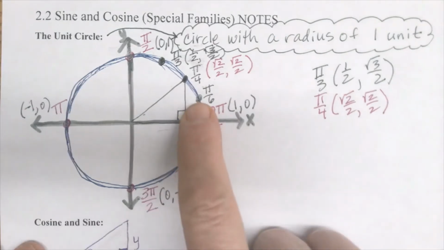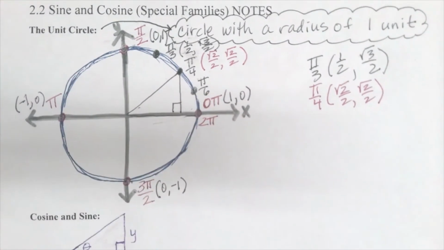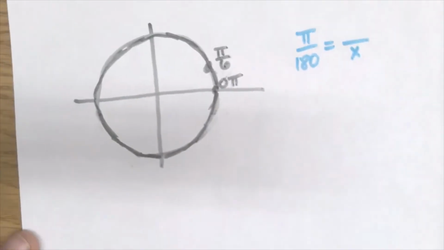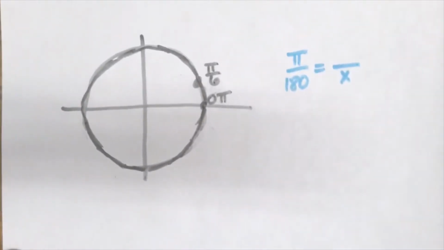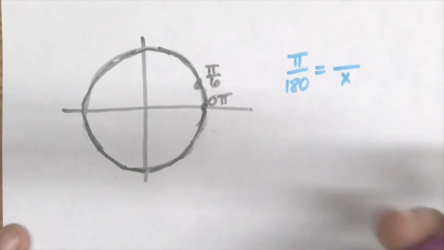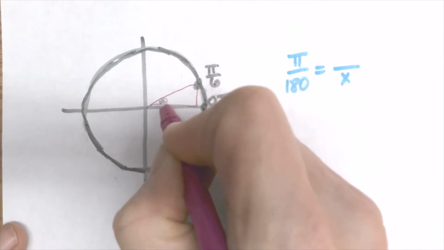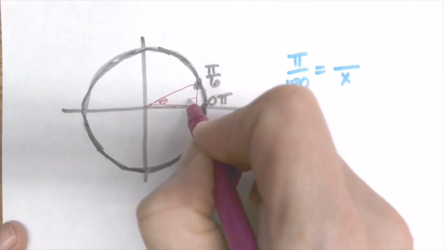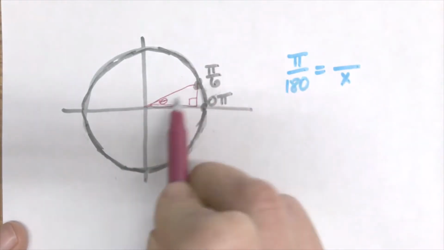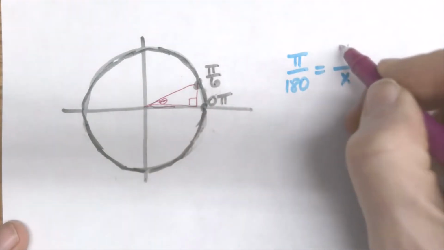Now I want to do the same thing with the pi over 6. So I'm going to go back here and make my triangle again. Here's the angle I'm interested in down here. That angle is pi over 6, and so I want to figure out what that is in degrees.